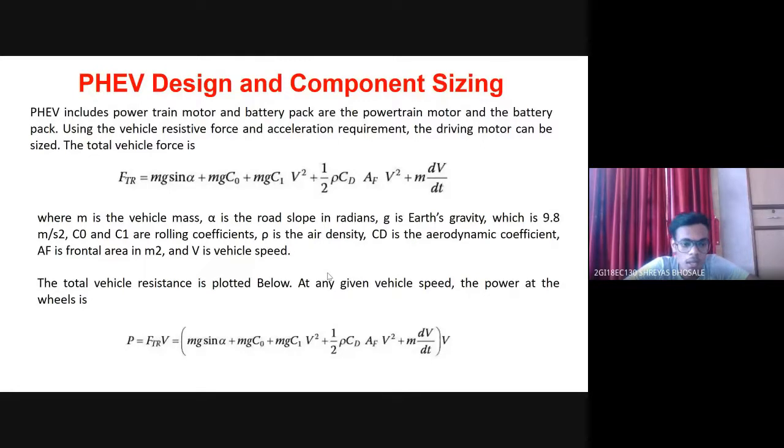Now, at any given speed, the power at the wheels can be represented by multiplying vehicle speed with the above equation.